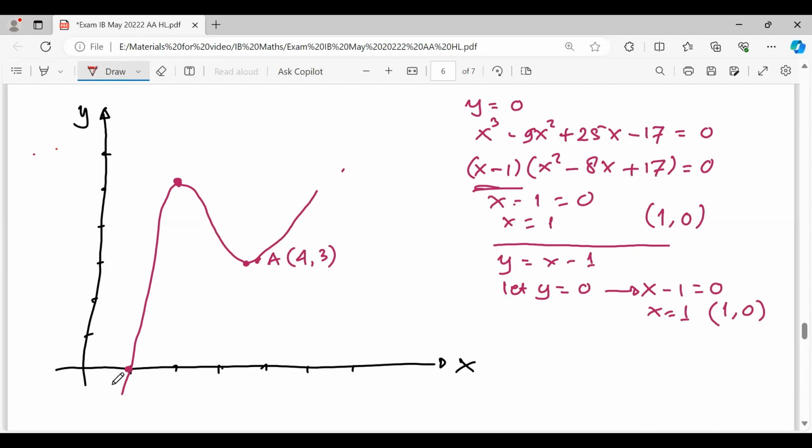So it will be like this. That's the straight line, the tangent.